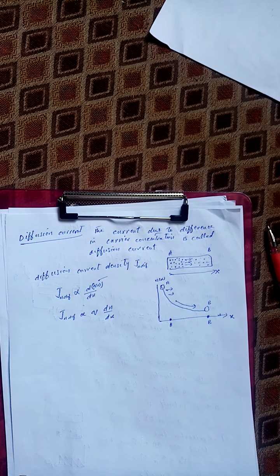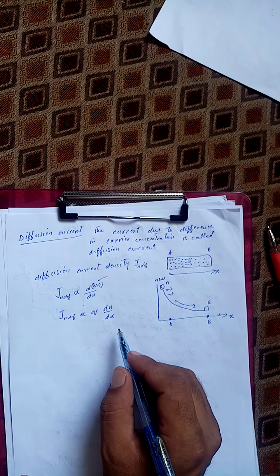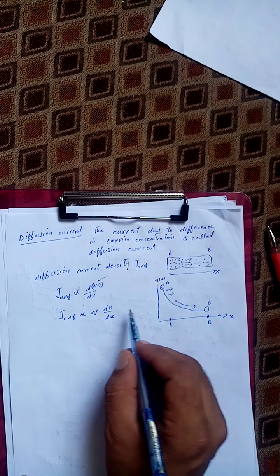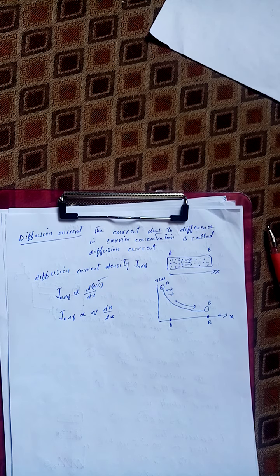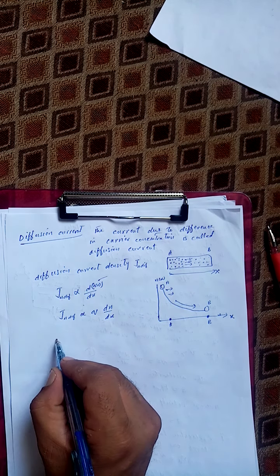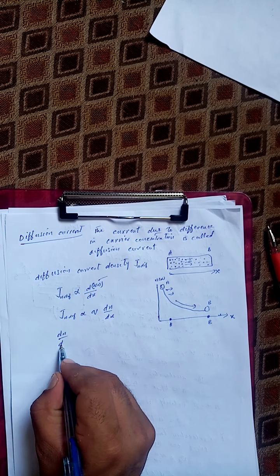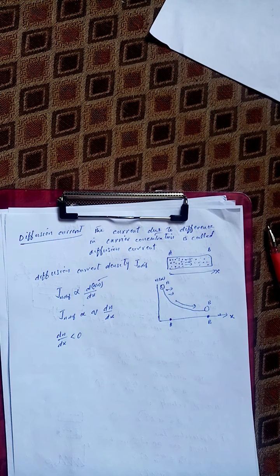Where the carriers are flowing from A to B, the current will flow from B to A. The direction of current will be opposite to the direction of electrons, which is the conventional current. Now the differentiation of n with respect to X is negative, dn over dx is less than 0.